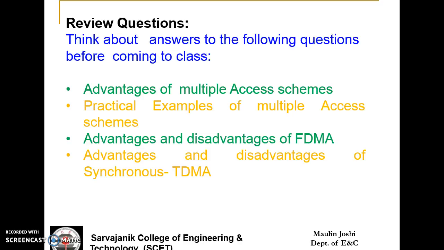You can think about many more. Advantages and disadvantages of FDMA, basic mechanism we have already discussed. So in view of that, you can easily think about what are the clear-cut distinctions afforded by the FDMA mechanism. The same with time division multiple access.